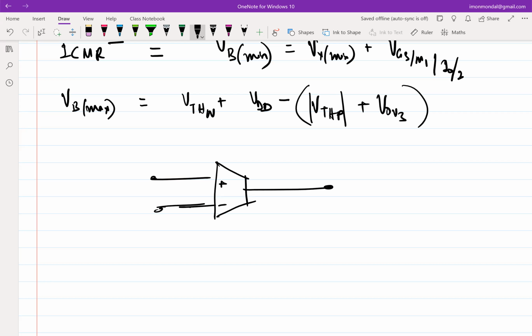Maybe I have a load capacitance or something. Which terminal should I connect V naught to, to ensure the system is negative feedback? Plus or minus? Plus. Why plus?